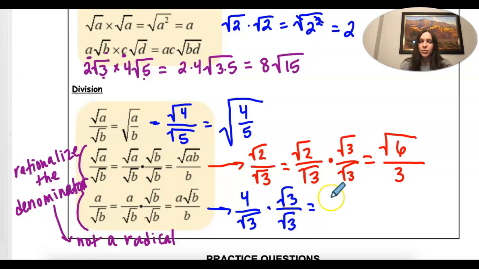So when I have a number and a radical, I just write them next to each other. 4 times the square root of 3 over, square root of 3 times the square root of 3 is just 3. And that would be our answer.